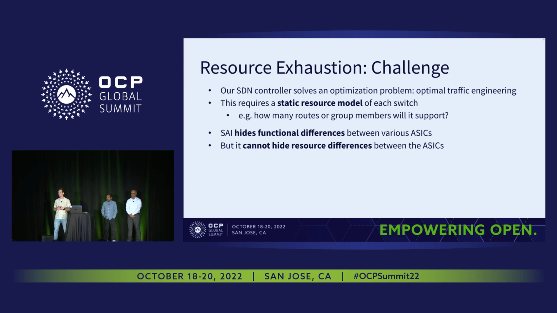And this turns out to be something that the controller really cares about. To understand why, recall that an SDN controller is essentially solving an optimization problem, right, where it tries to distribute traffic as efficiently as possible on the different paths that the traffic might take through the network.